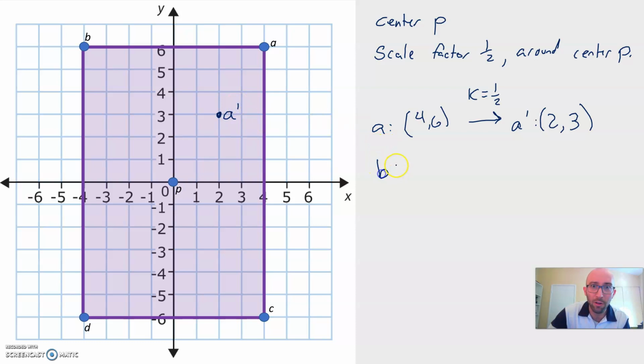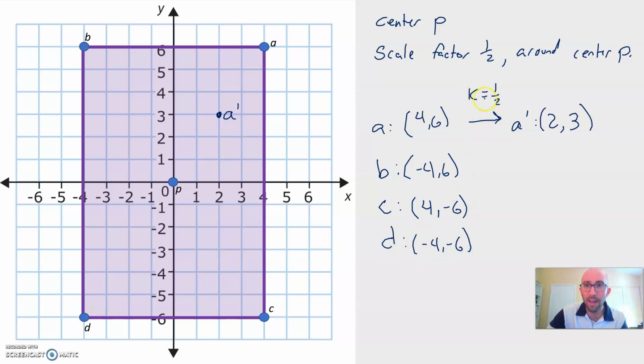All right, let's go through B, C, and D a little quicker. So point B up here is over 4 to the left, so (-4, 6). Point C is (4, -6). And point D is (-4, -6). Now let's apply our scale factor of 1/2 every time.